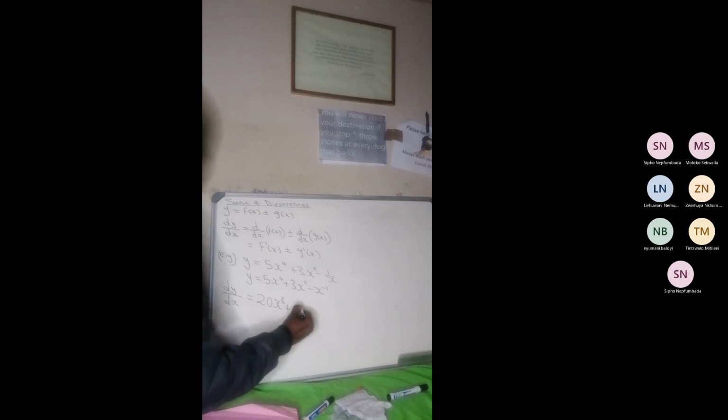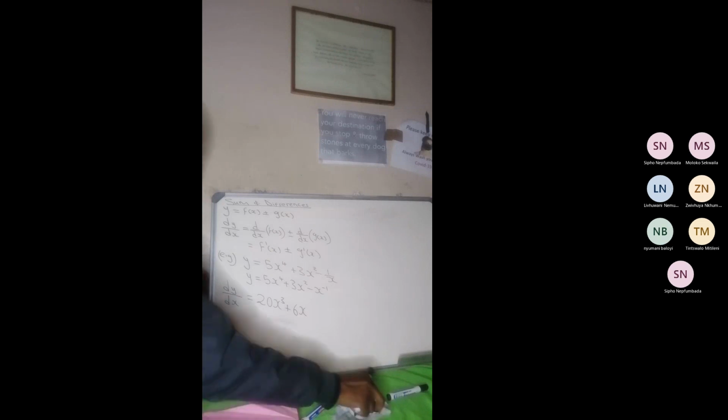Now this is where we can apply dy over dx, which is nothing but, I told you that we multiply and we take 1 from the exponent. 5 times 4 is 20, x to the power of 4 minus 1, which is 3, plus 2 multiplied by 3 is positive 6x.